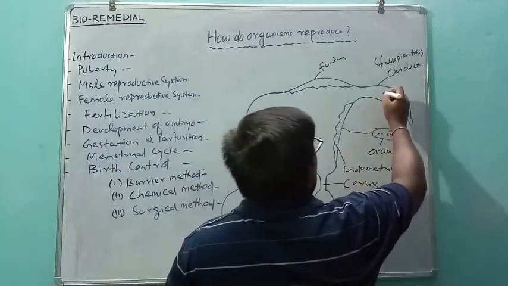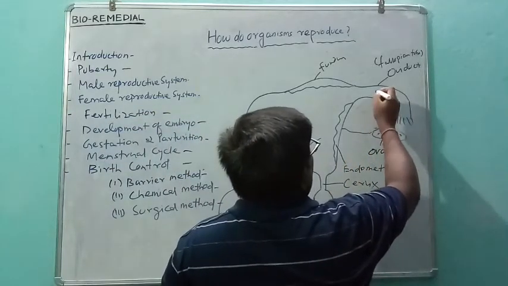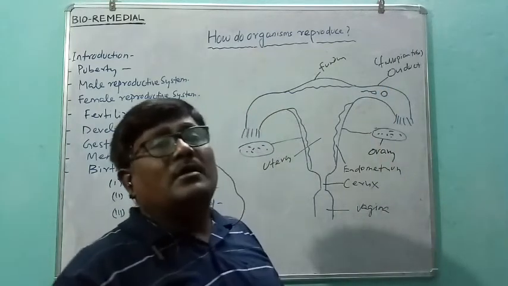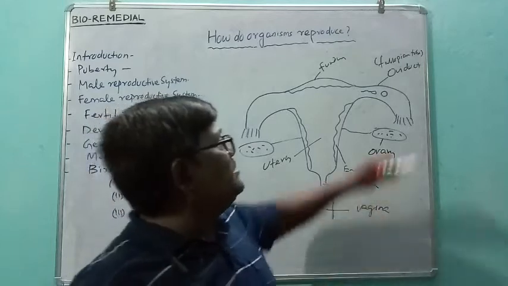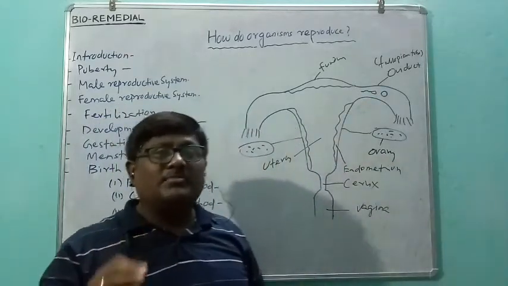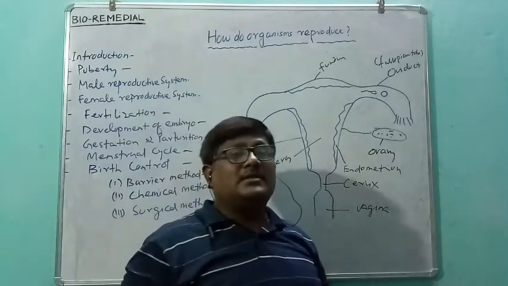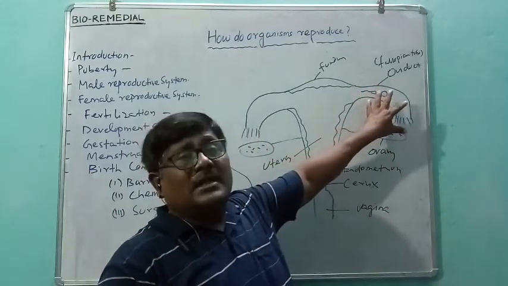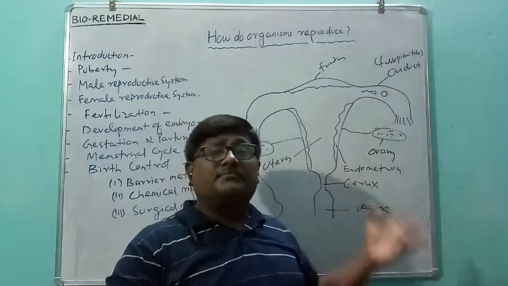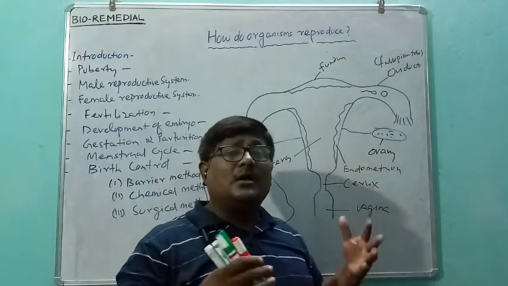sperm will be able to fertilize the egg, and here is the place where fertilization takes place, not in the uterus. Fallopian tube is the site of fertilization. Fertilization is where sperms get fused, get fertilized with the ovum.